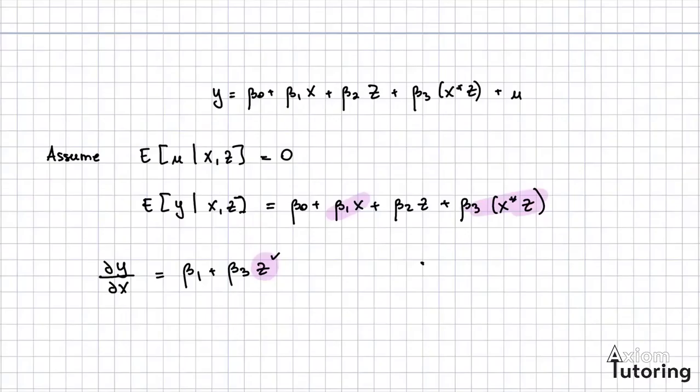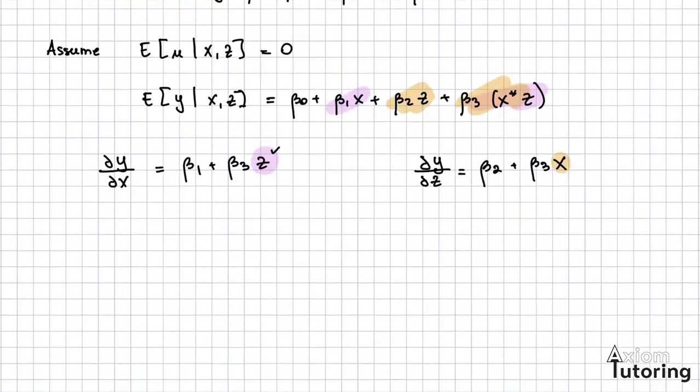If we do symmetrically the derivative of y with respect to z, we'll find that we only have beta 2 plus beta 3x, because the only items in this case that depend on z are this and this, okay? And the effect of z now depends on x. So the interaction works both ways.